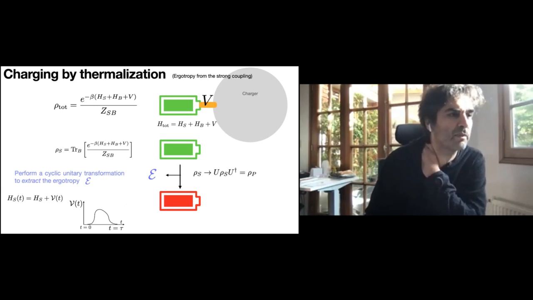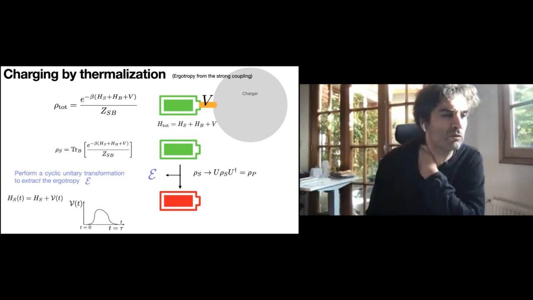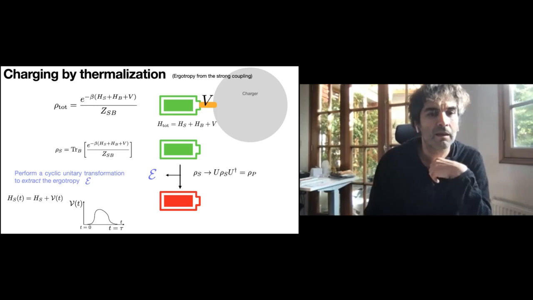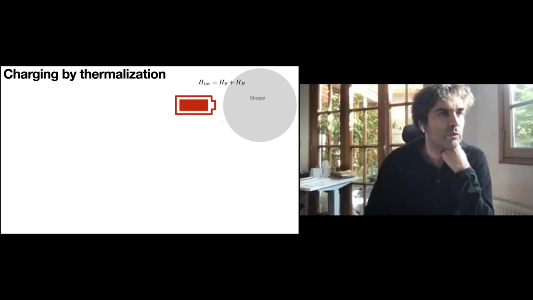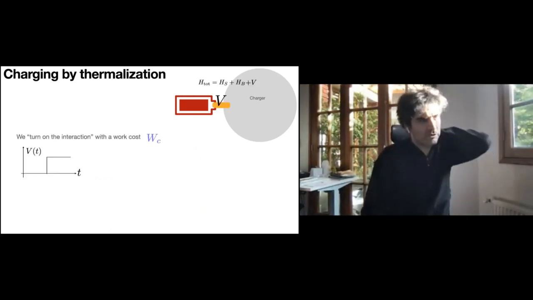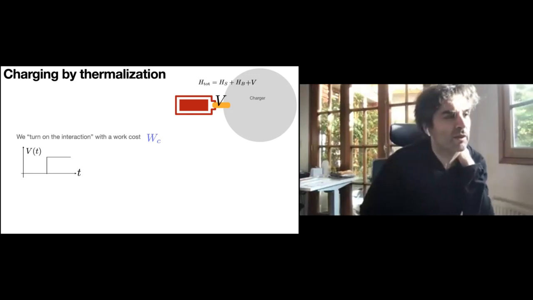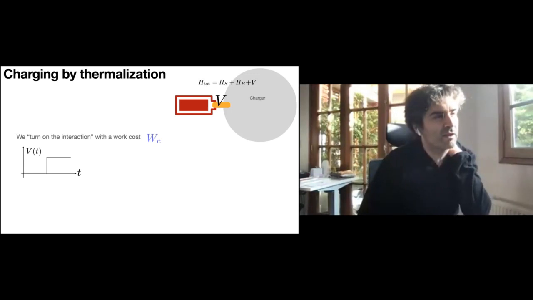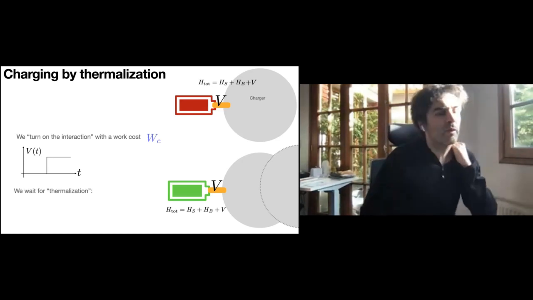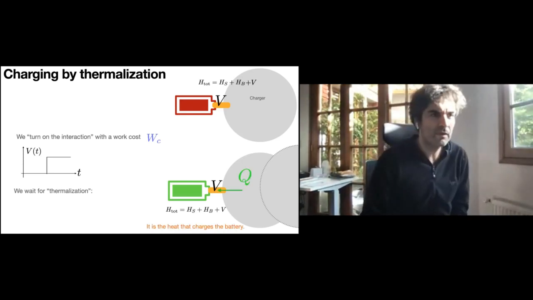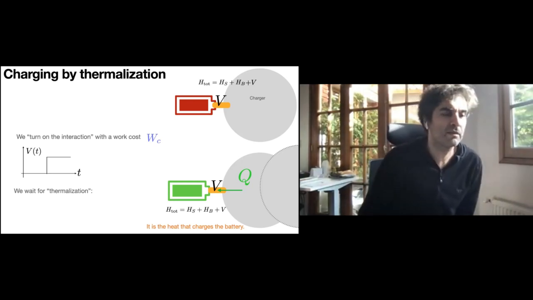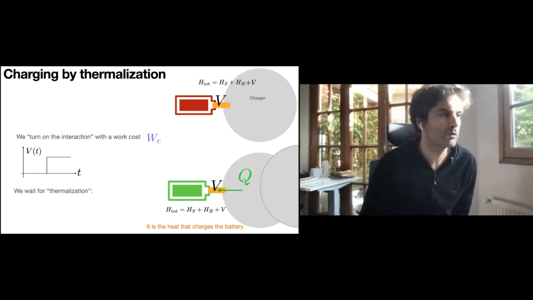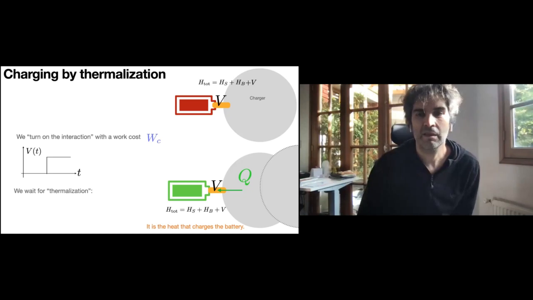So this is the step that the agent that needs the energy will do. And after that step, we connect it again to the charger, with some energy cost that I will give in the next slide. And then we wait for thermalization, and the battery is charged again by the heat that flows from the bath to the battery. All right, so this is the cycle.